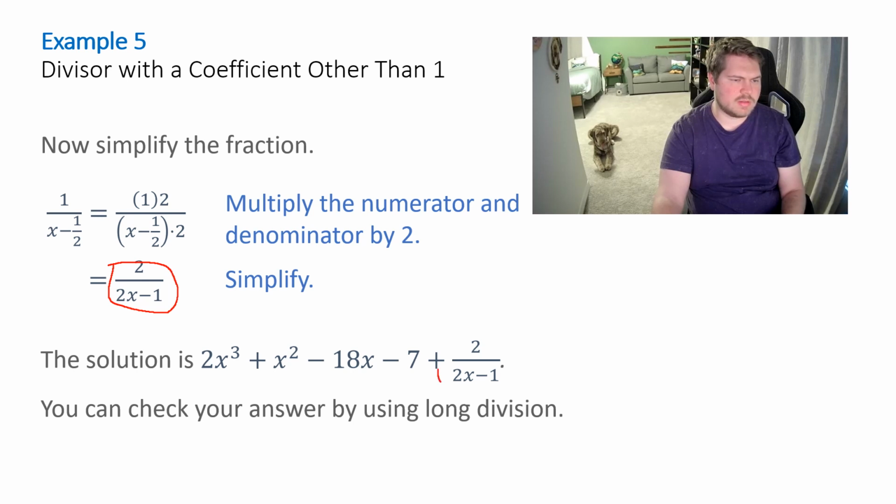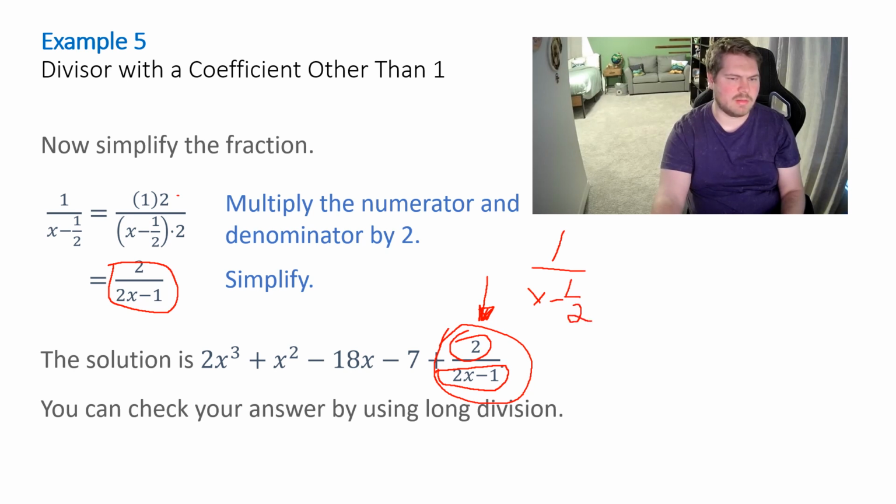So I was going to say I'd keep it as whatever we started with, but you have to kind of multiply by what you took away at the start. So we divided by 2 at the start. So you then multiply the top by 2, because this fraction is the same as the 1 over x minus 1/2, if that makes sense.